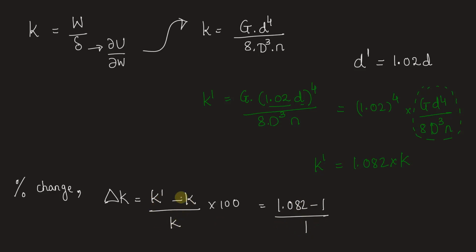Because K is common in all the terms, we can cancel out the K, into 100. This amounts to 8.2 and this value is in percentage. So percentage change in stiffness after the diameter has been increased by 2% is 8.2% increase in stiffness.